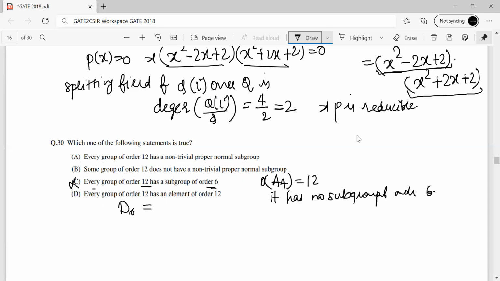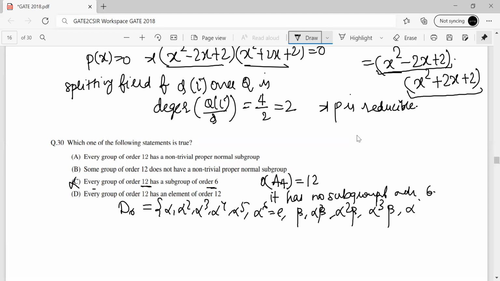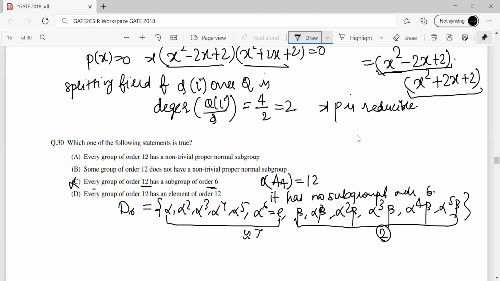If I write it down, it will be alpha, alpha square, alpha cube, alpha 4, alpha 5, alpha 6 equal to identity, beta, alpha beta, alpha square beta, alpha cube beta, alpha 4 beta, alpha 5 beta. These are the reflections, of order 2, and the remaining part is isomorphic to Z6, and Z6 has no element of order 12. So option D is also false.